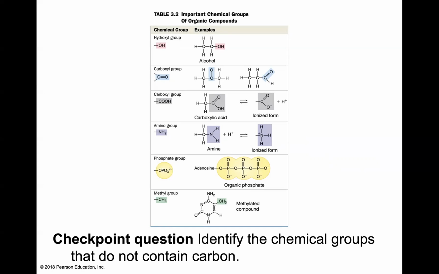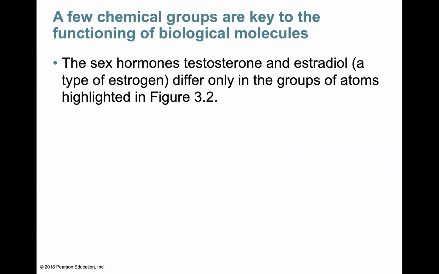Again, these are just a few of the chemical groups that we should be familiar with as it relates to these organic compounds, these macromolecules. As I mentioned before, a few chemical groups are key to the functioning of biological molecules. For example, the sex hormones testosterone and estradiol, which is a type of estrogen, differ only in the groups of the atoms that are highlighted.